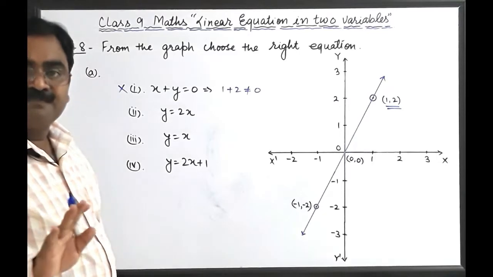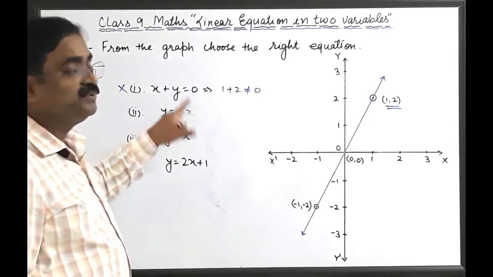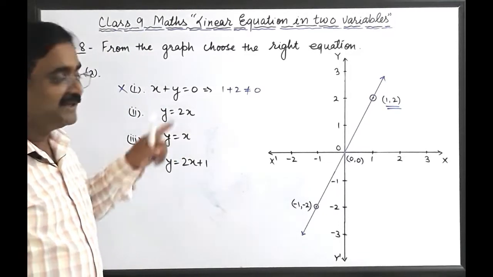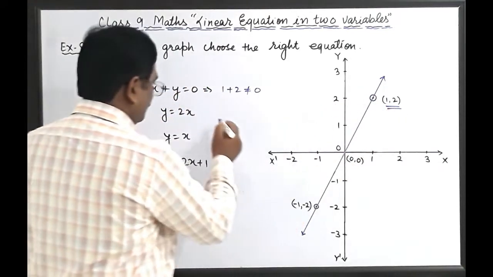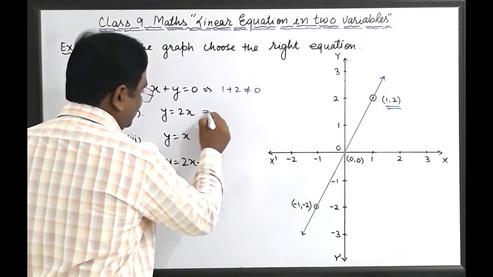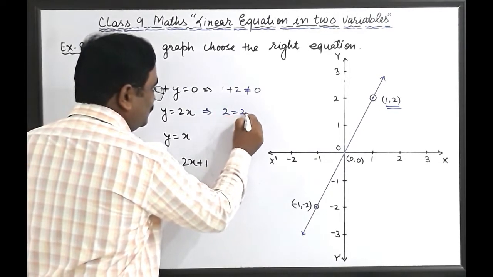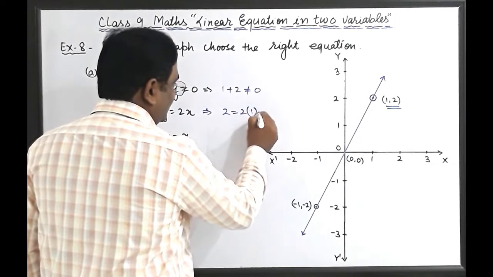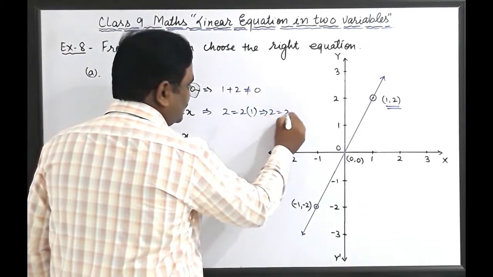Okay children? Let us see the second equation. y equals 2x. Second equation is given, y equals 2x. So y is 2, and 2 equals 2 multiplied by x, where x is 1, which implies that 2 equals 2.